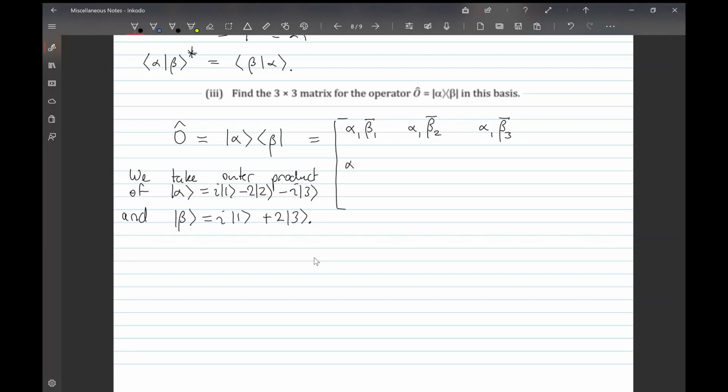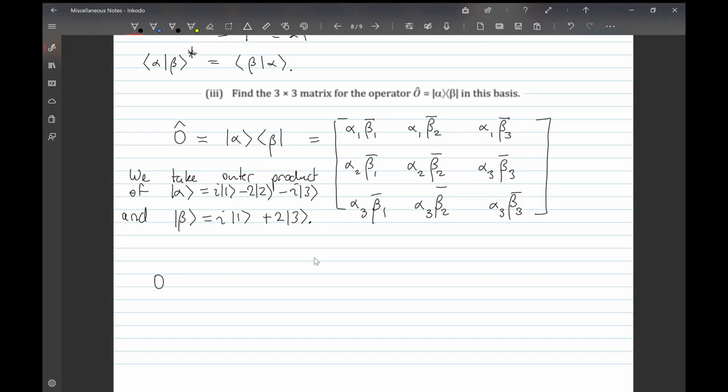Okay, and then you repeat this process. Alpha 2, beta 2 bar, alpha 3 beta 1 bar, alpha 3 beta 2 bar, and alpha 3 beta 3 bar. Okay, so let's compute this for this example here.